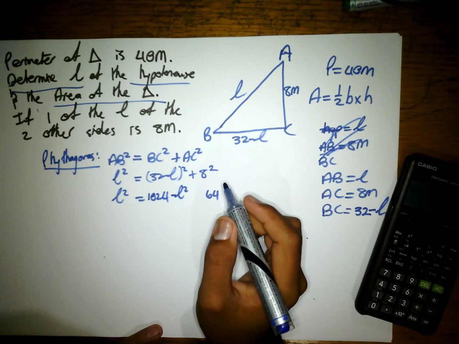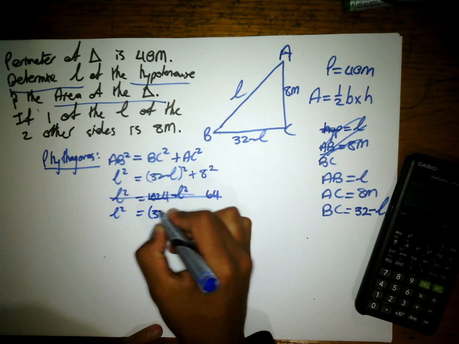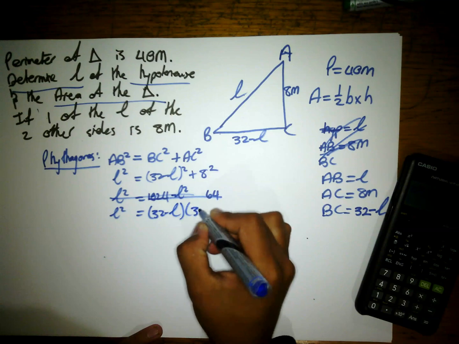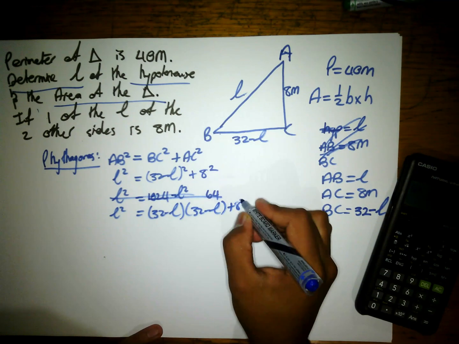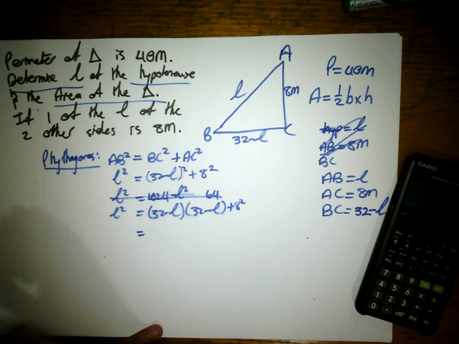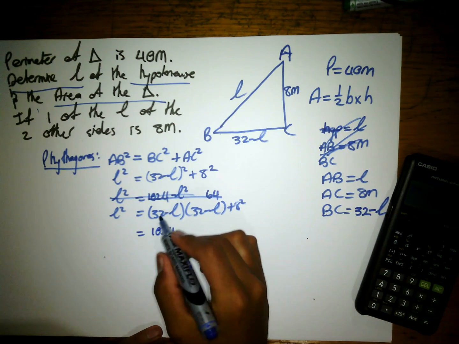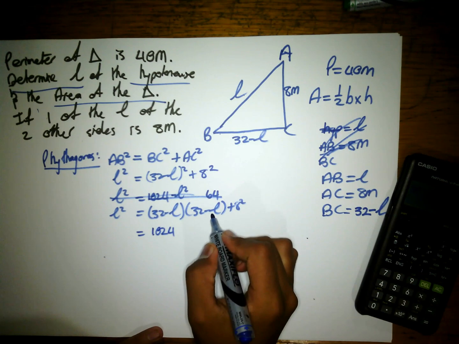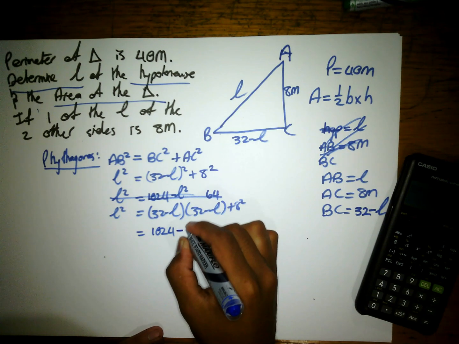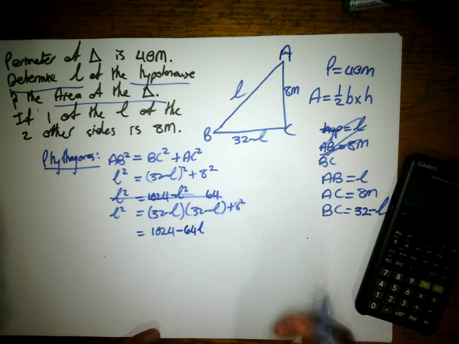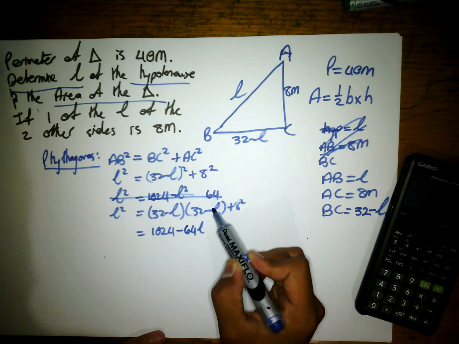Nope, I'm making a mistake here. 32 minus L, all squared: 32 times 32 is 1024. 32 times negative L is negative 32L.